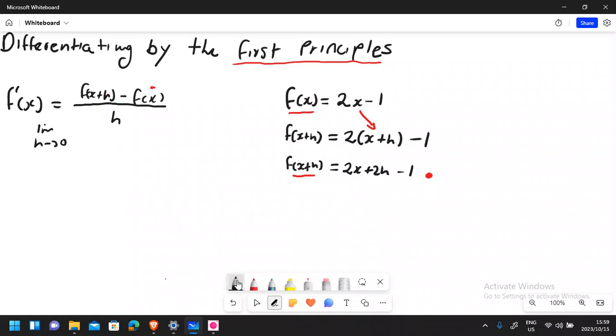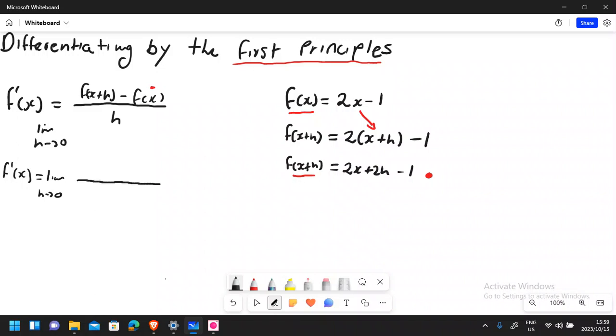So let's do that. Remember, guys, whenever you are solving this, do not forget that you have to continue writing the limit as h approaches 0. Okay, very important.